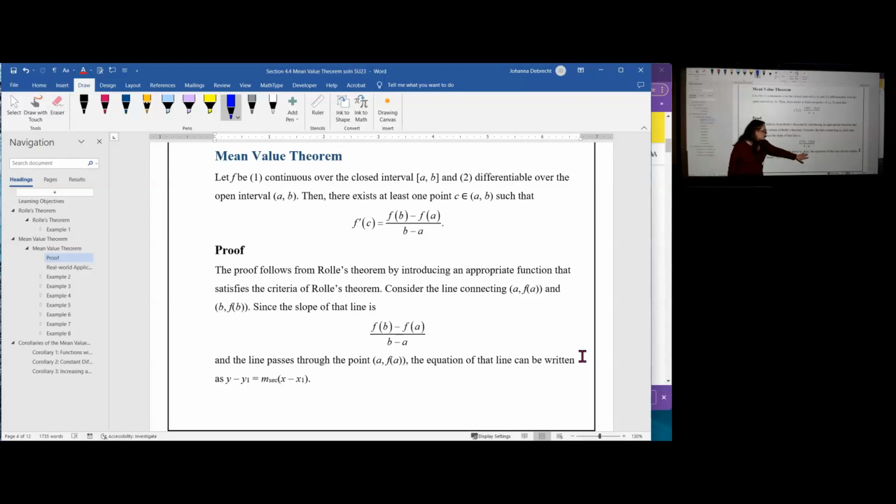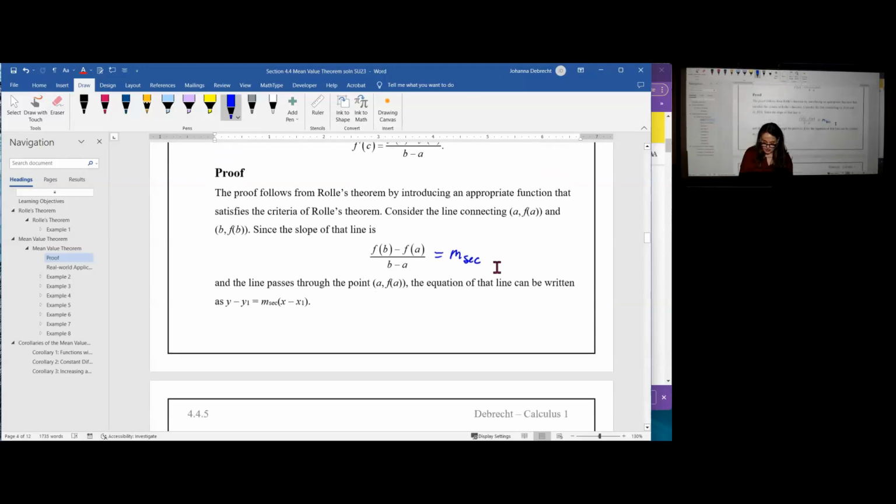Because this is a point on the line, and this is the slope of the line, which we can write as m sec for secant line, we can use the point slope form of a line to write it as y minus y1 equal to the slope of the secant line times x minus x1. Our x1 can be a, and our y1 can be f of a.